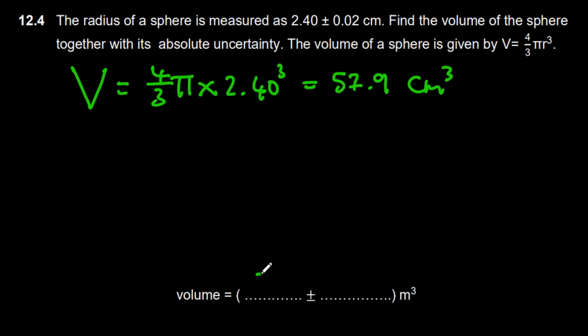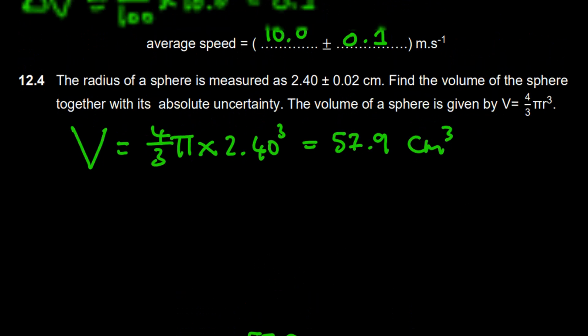So 57.9. We must find the absolute uncertainty for the volume. Now, note that we get the volume by raising the radius to the power of 3. The question is, how do we combine uncertainties when we raise quantities to a power?